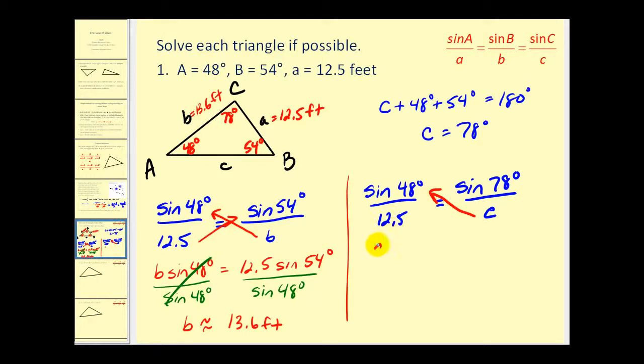So we have C sine 48 degrees must equal 12.5 times the sine of 78 degrees. To solve for the length of C, we'll divide by sine 48 degrees.